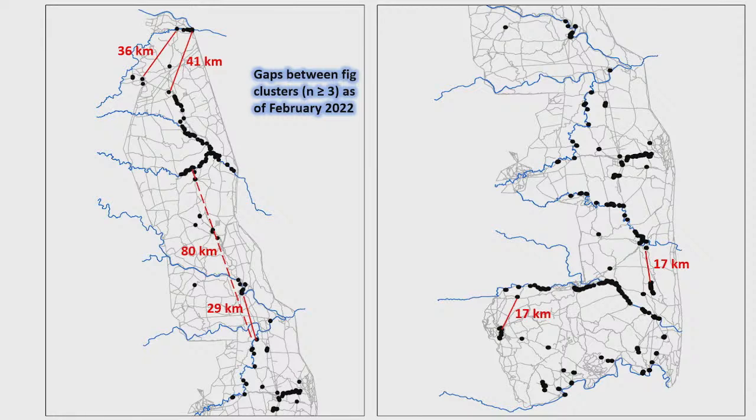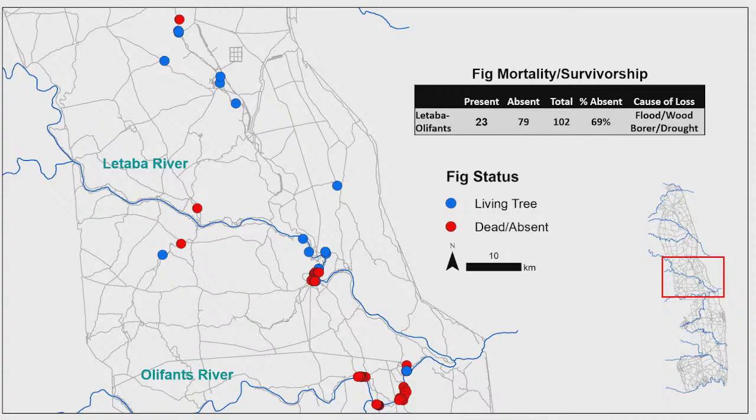I'm worried in particular about the center region below the Xingwezi, south of the Xingwezi down to the Olifants. Along the Olifants, 22 kilometers of river, 100% of the trees have been lost. The only blue dot there, surviving tree, is inside the camp up on the bluffs above the Olifants.